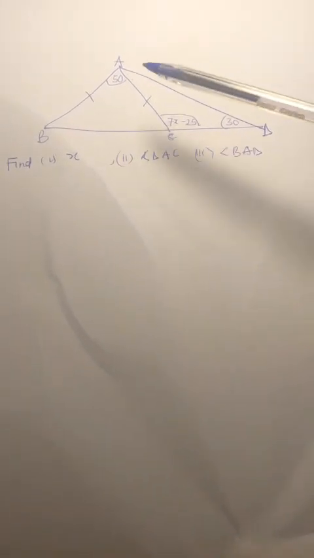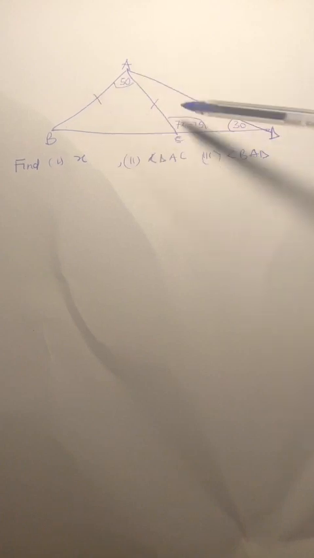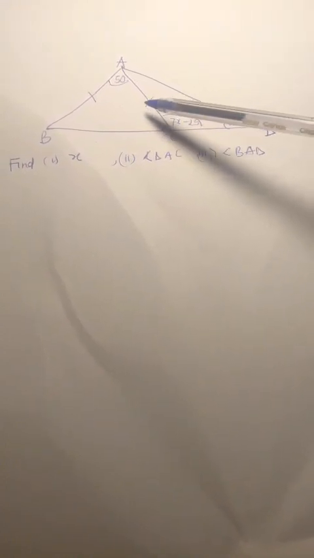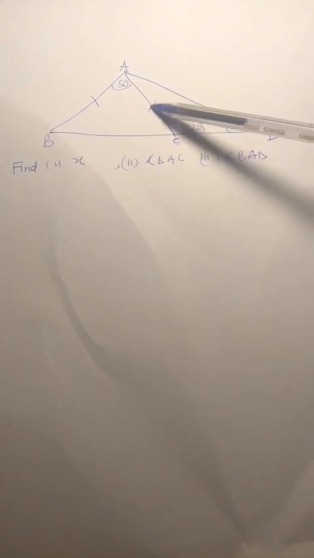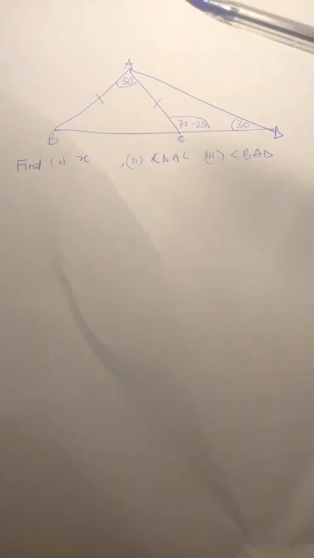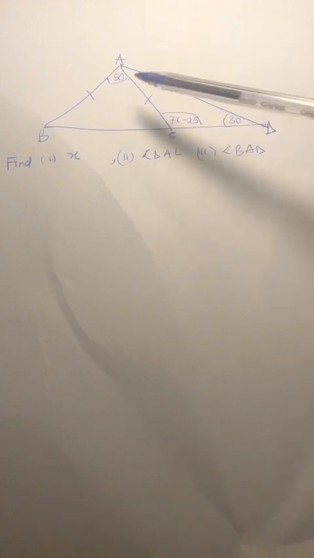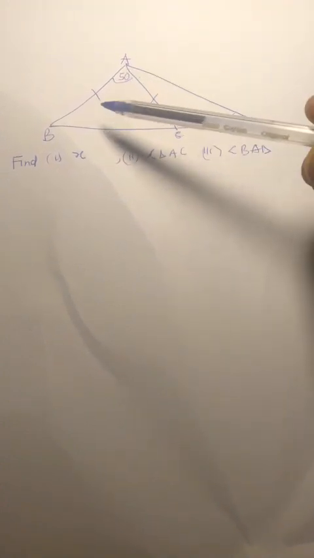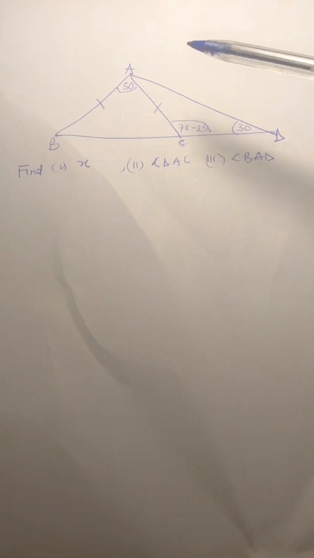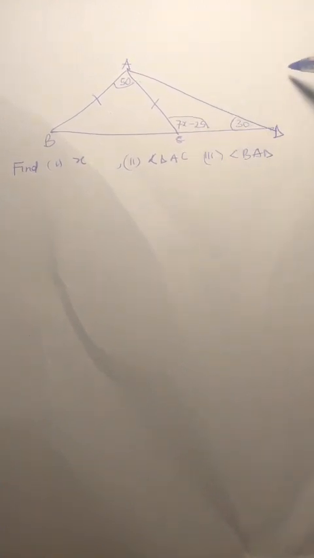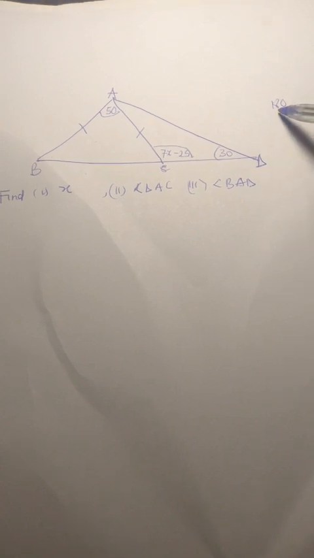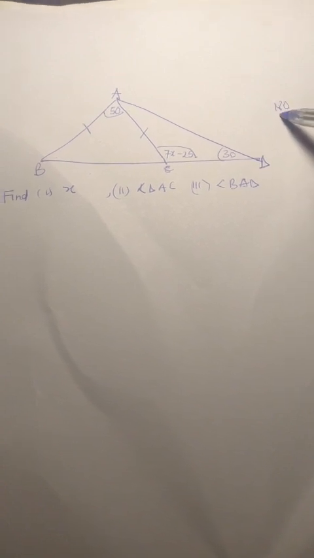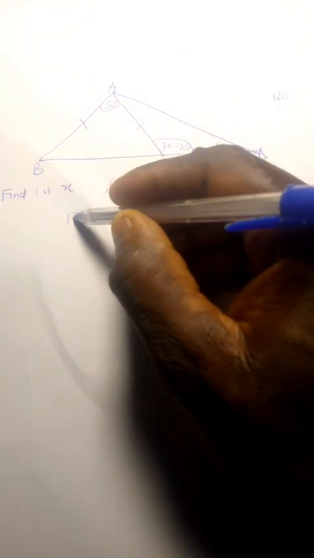Now, looking at this, you realize that the first triangle, which is ABC, has a given identification which is going to help you to know that this is an isosceles triangle. So for that matter, if this angle is 50, then you need to know the extra 2 angles. Now we know that the sum of angles in a triangle is 180. So now that you have the angle 50 out of it, you are left with 130.